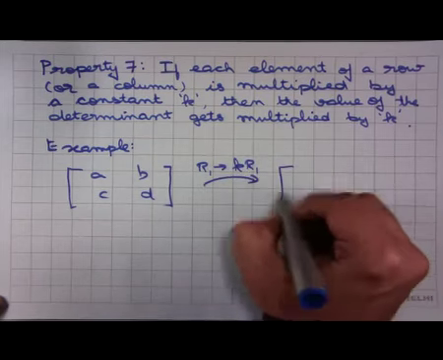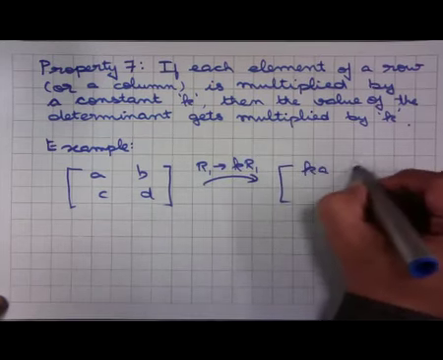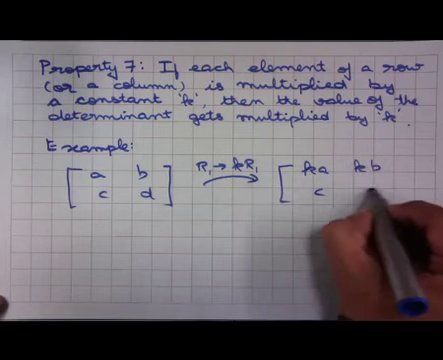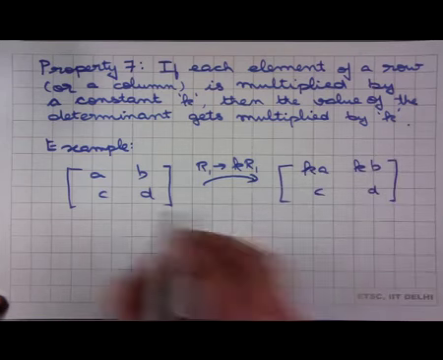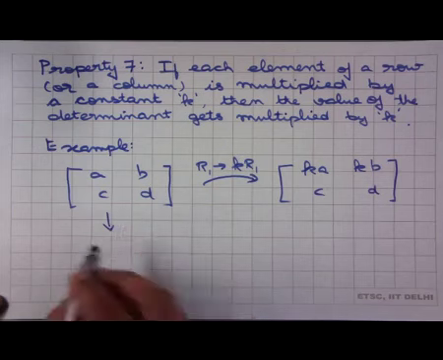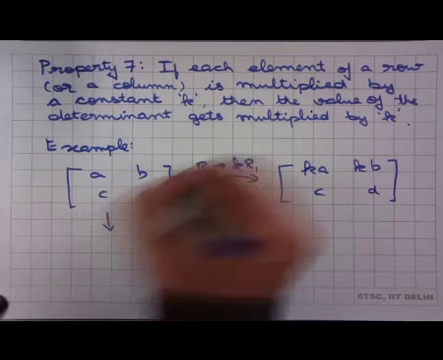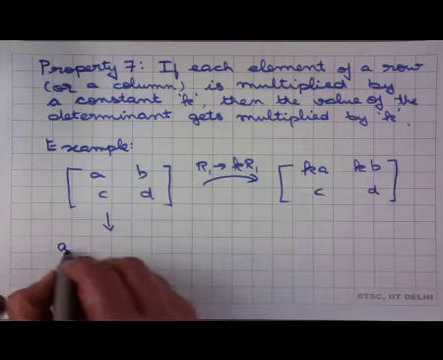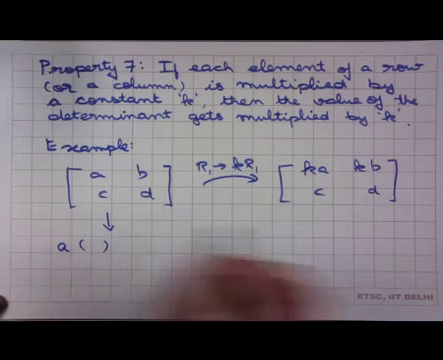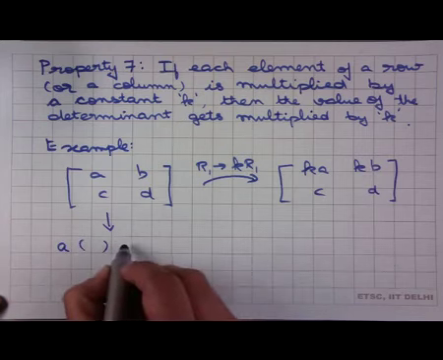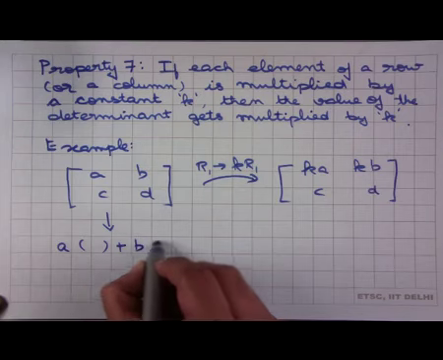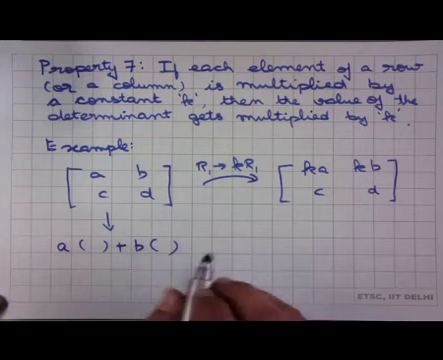So, the matrix becomes ka and kb. The question is what happens to the determinants. Instead of looking at the formula AD minus BC, let us just write it down as A times its cofactor, whatever that is, we know it is D, but let us just write it down, plus B times its cofactor, we know it is minus C, but let us just write it down.